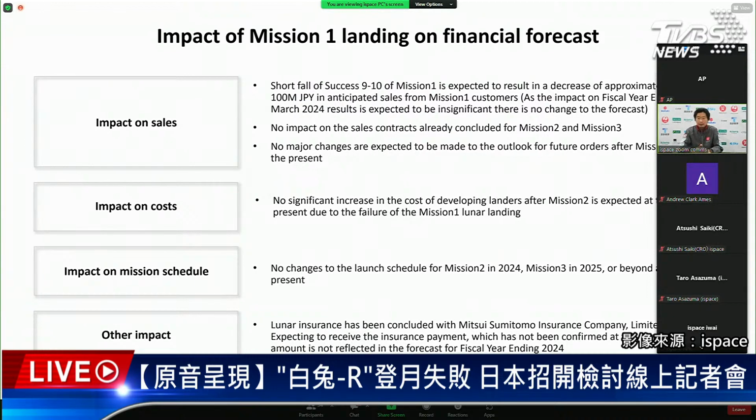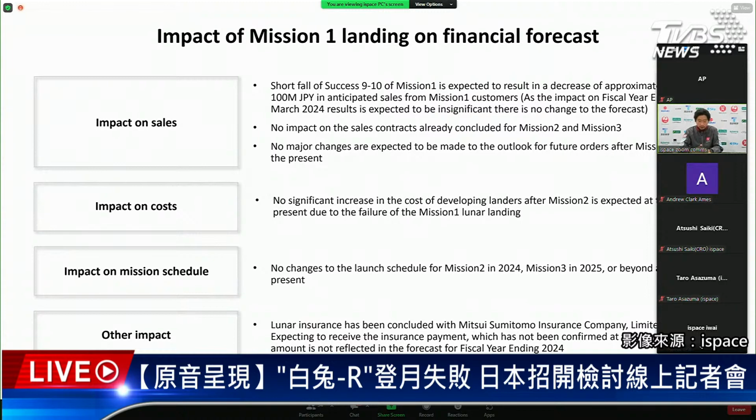Even though there is a small change, a decrease in sales from Mission 1 of about 100 million Japanese yen, this impact is not significant. So toward the fiscal year ending March 24 result, we will have no change to the forecast.